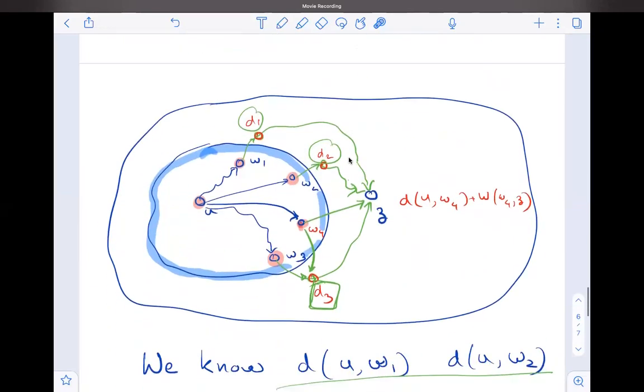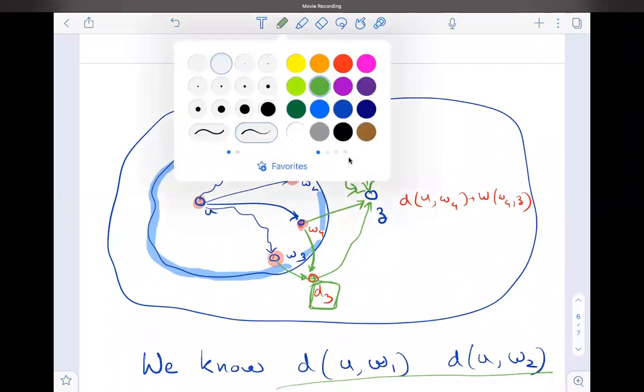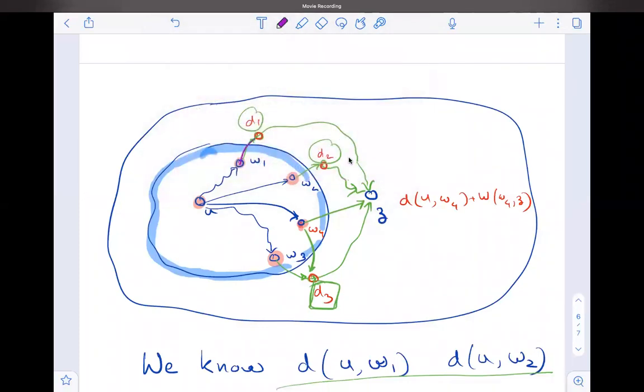Similarly here, if I take the minimum of all these distances and say, among all of them, this one is the shortest path, meaning this D4 here is less than D1, D2, and D3.